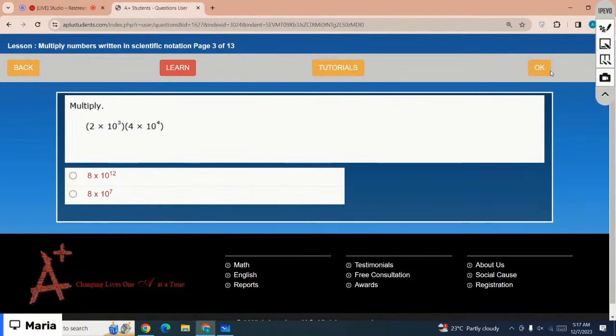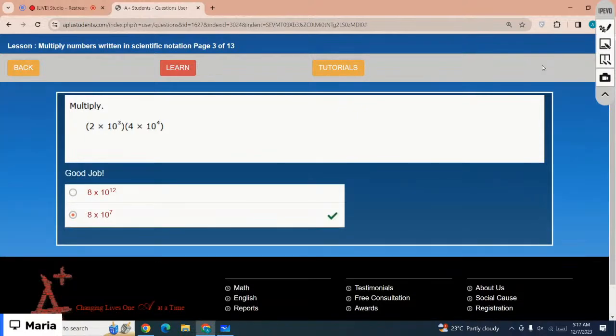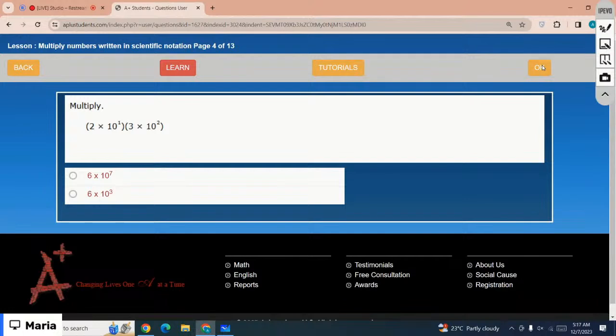Yes, that is 8 times 10 exponent 7. Option number 2 is the correct option, right? Okay, the next one is multiply 2 times 10 exponent 1 and 3 times 10 exponent 2. So which is the correct option?